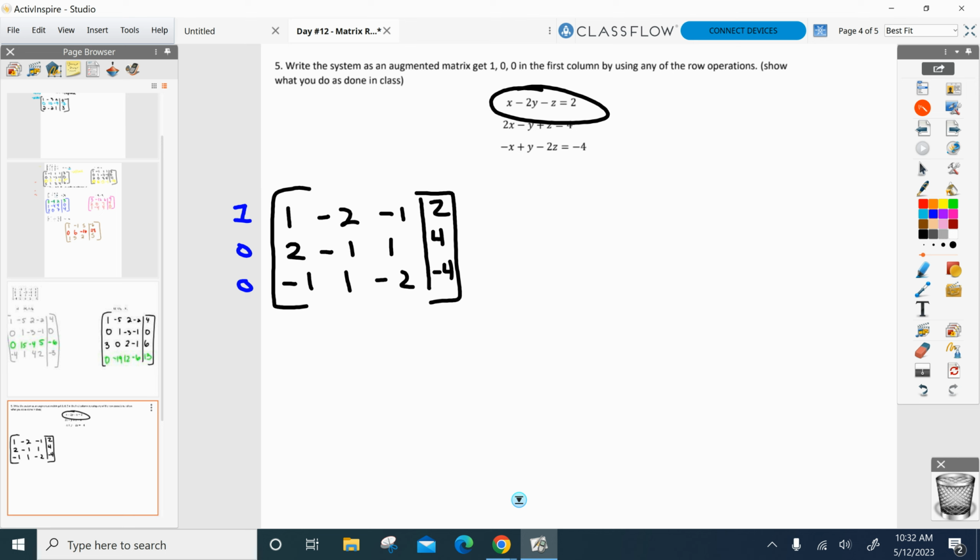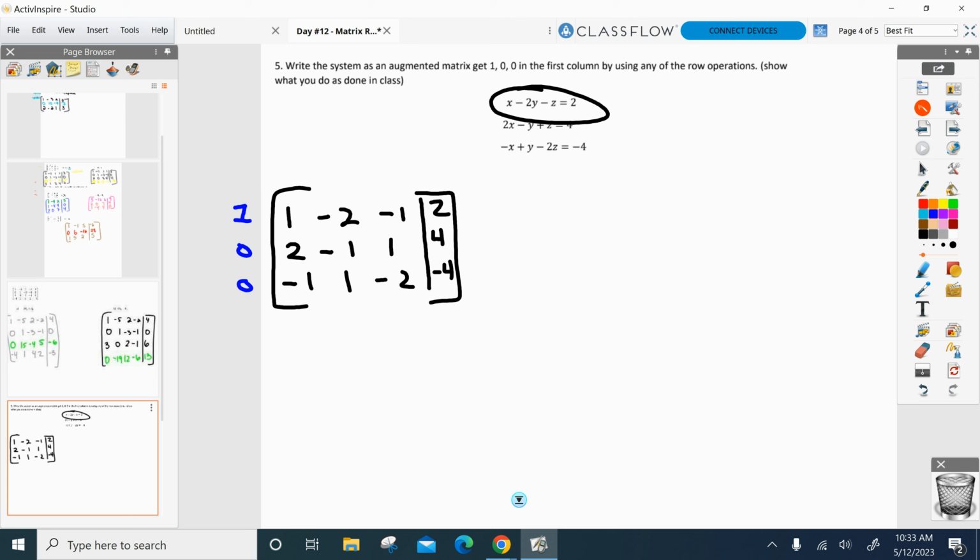Before we do that, in a matrix, you can only do 3 things. You are only allowed 3 moves in a matrix. You can multiply any row by a number that's not 0. So you just can't say, hey, that's easy, just multiply row 2 by 0 and you get your 0. You can't multiply by 0. You can multiply any row by a non-zero number. You can flip-flop 2 rows.